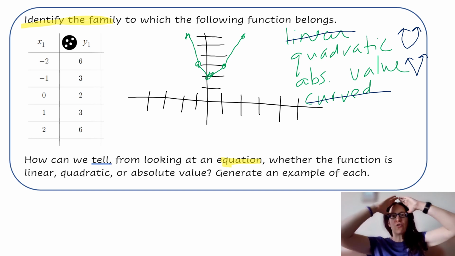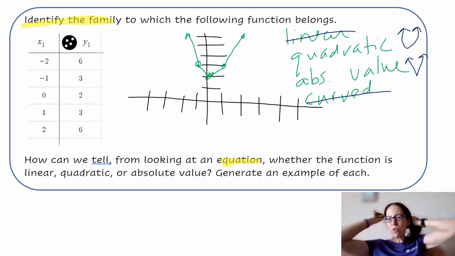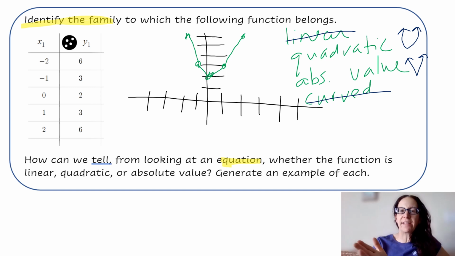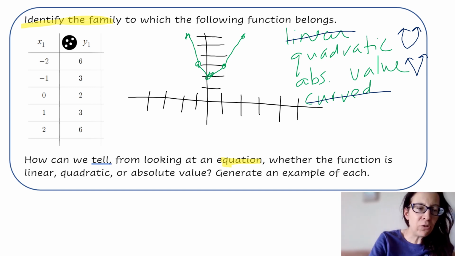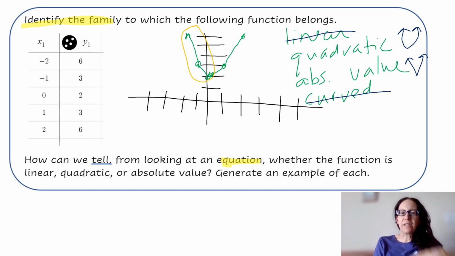So the question now is, with this one, is that rounded or is that V-shaped? And remember with absolute value that the two sides have to be lines. If I look closely at this, that is not a line, because it's steeper and then it gets less steep as we're getting closer to that vertex.